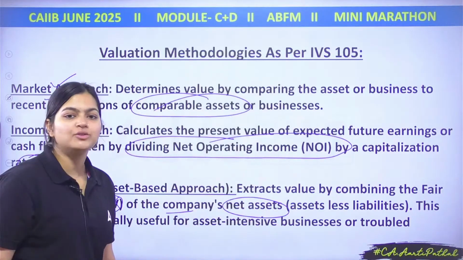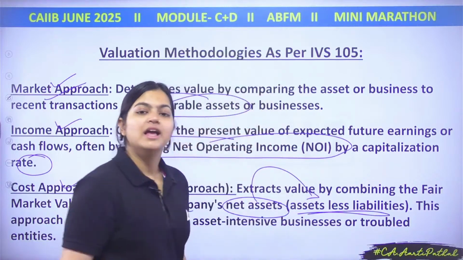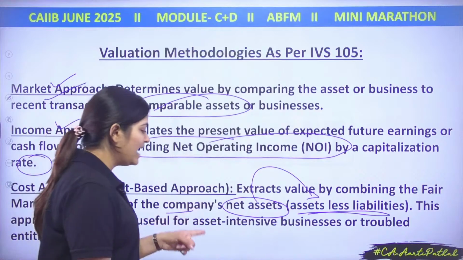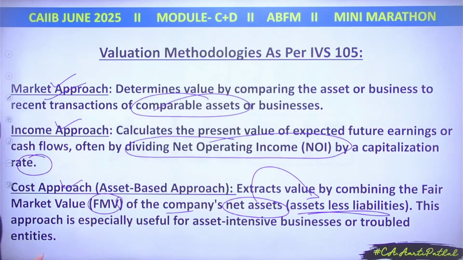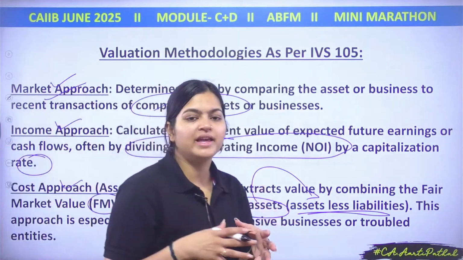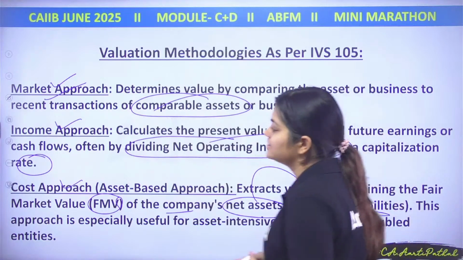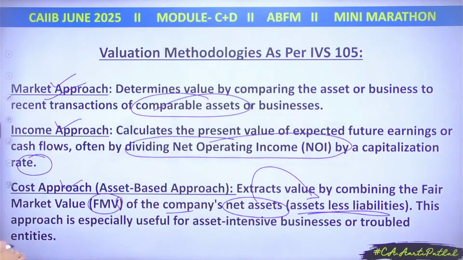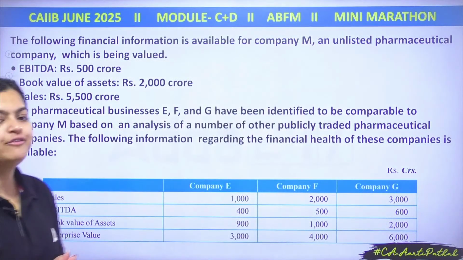So how do you calculate the net assets? You calculate it by assets minus liabilities. And this approach is especially useful for asset-intensive businesses or troubled entities. Correct? When your main thing is your assets, then you can use this particular approach, that is cost approach or asset-based approach.